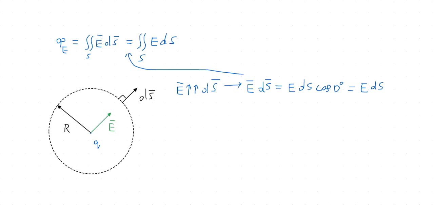First of all, we have to notice that the absolute value of electric field intensity for a point charge is equal to 1 divided by 4 pi epsilon 0, charge q divided by r to the power of 2.